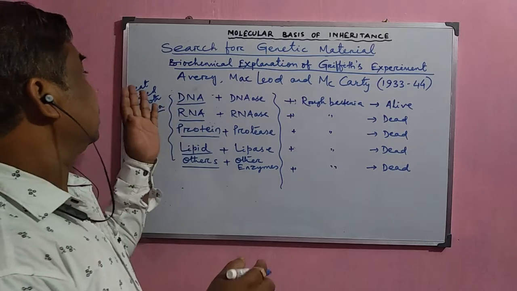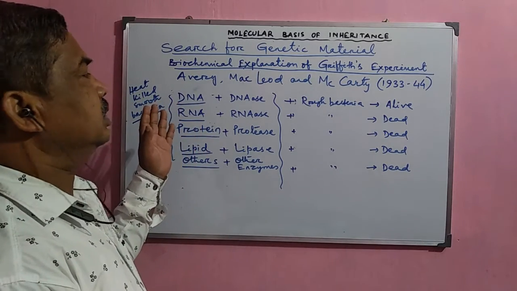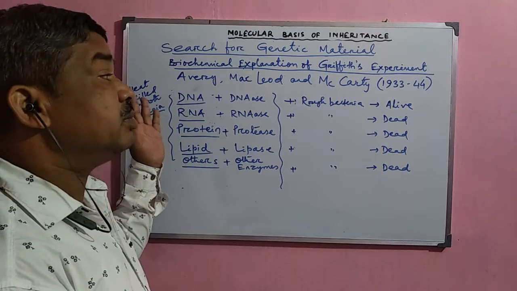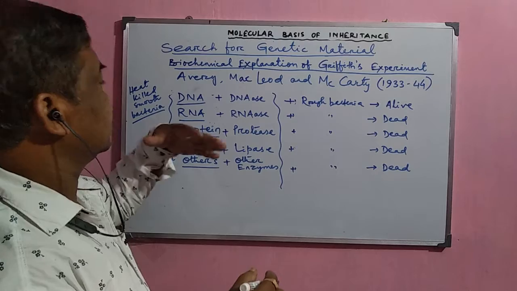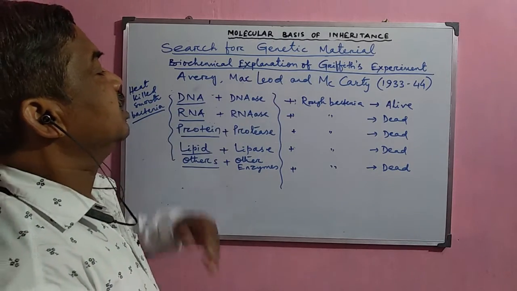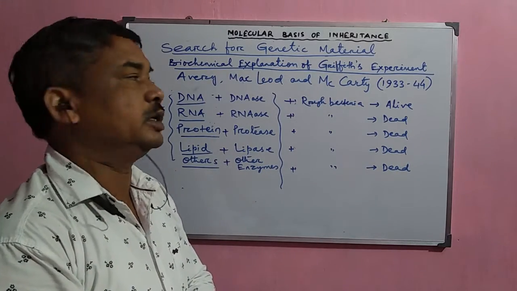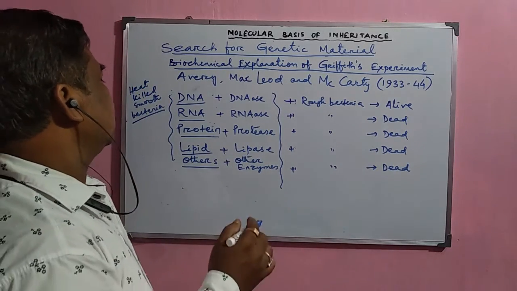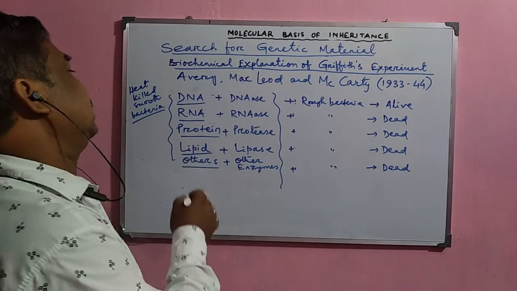In this Griffith experiment, the heat-killed smooth strain bacteria normally transfers certain substances to the raw bacteria so that the raw bacteria is converted into the smooth form. Now, what are the different molecules inside the smooth variety?